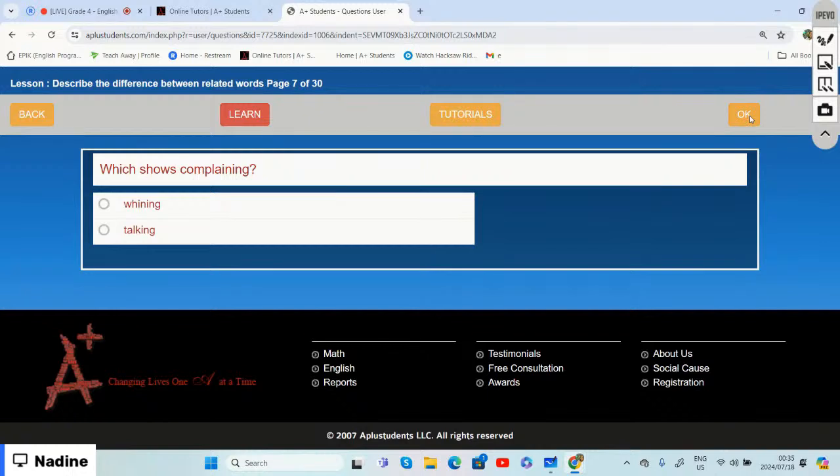All right, last one. It says, which shows complaining? When you are complaining all the time. Is it when you're whining all the time or talking all the time?